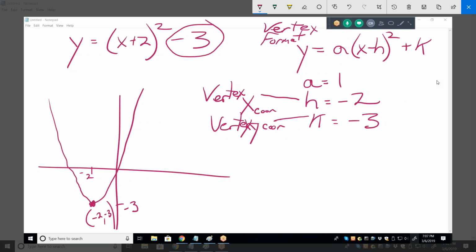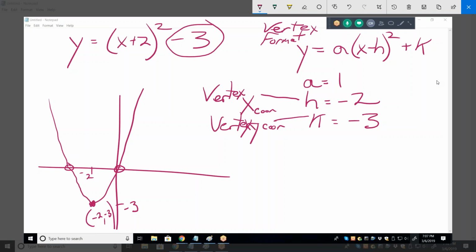So we need 2 more points. This is always a little bit the tricky part. I kind of consider it the easy way and the hard way. The hard way is where you find those 2 points, the x-intercepts.